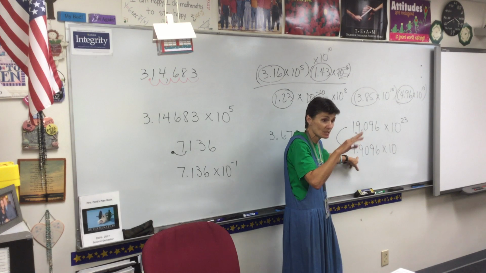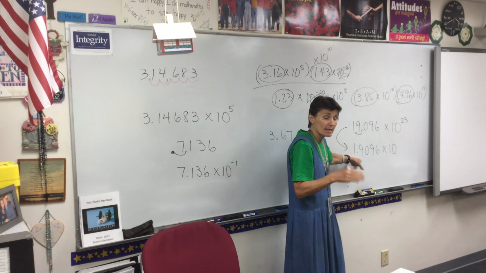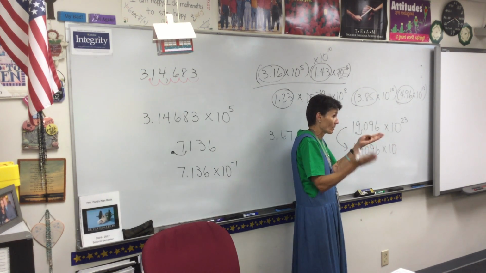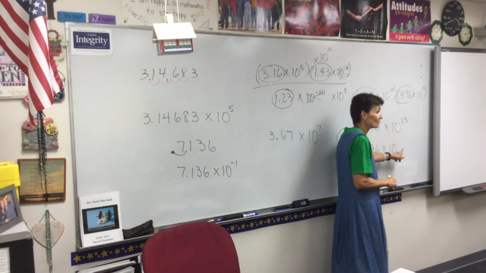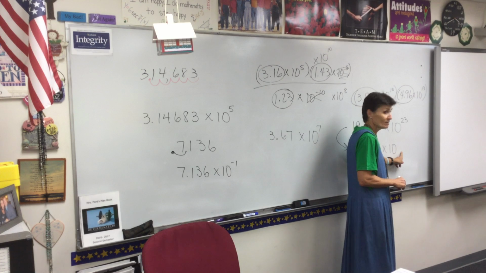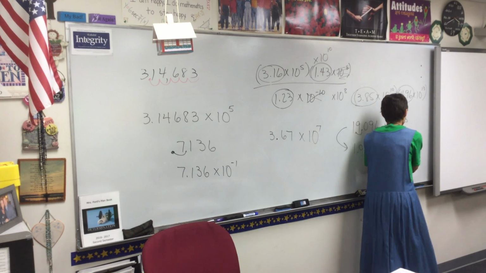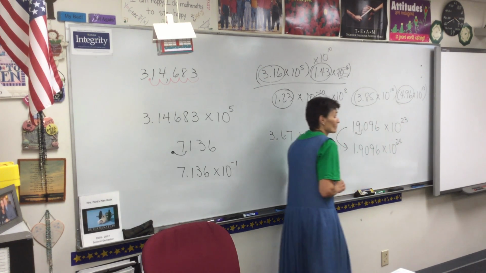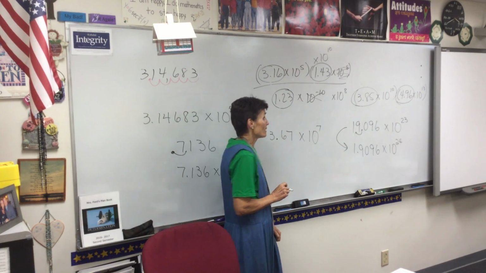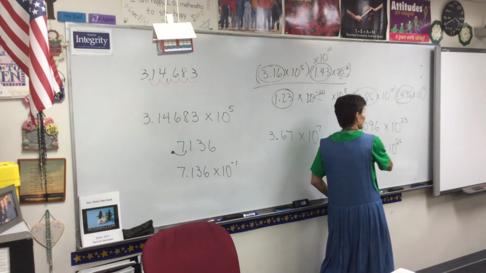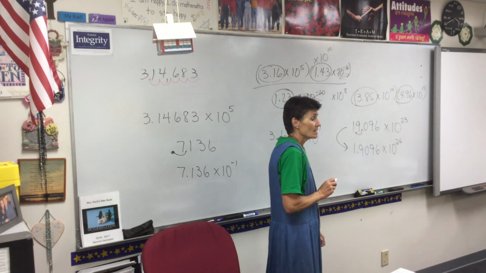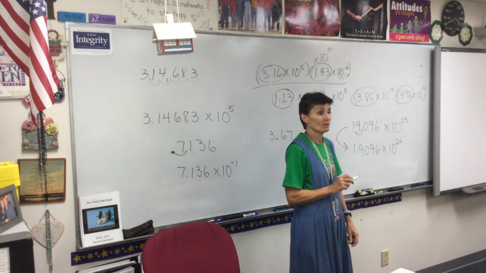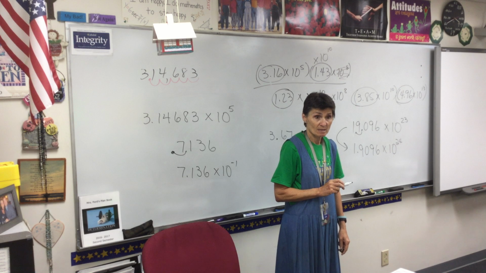If they're supposed to be the same number, if I made this part smaller, don't I have to make this part bigger? So this is going to be 24. If you make the number part smaller, then the exponent has to get bigger. If you made the number part bigger, then the exponent would get smaller.